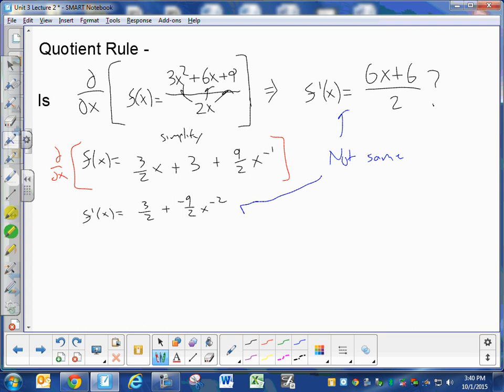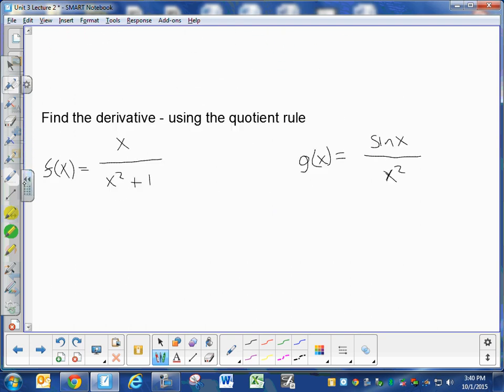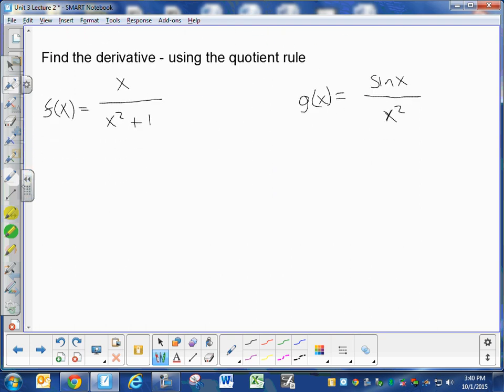So you might be thinking, all right, well, whenever I see a division problem, I'm just going to simplify first and then use the power rule. Well, sure, that's all fine for something like this. But what we will see is that we don't have functions that can be simplified by dividing. Like x over x squared plus 1.